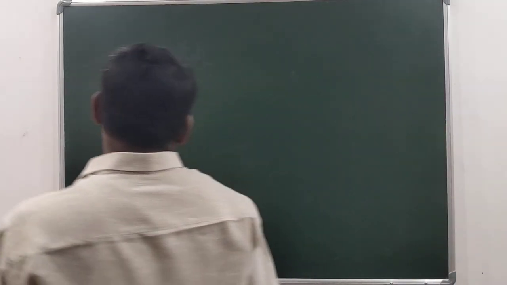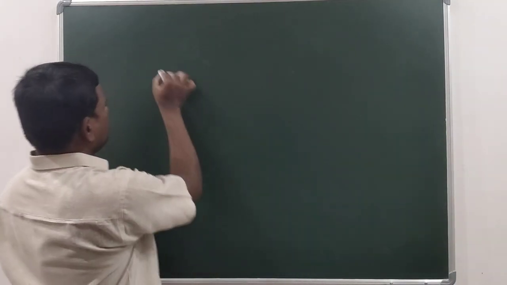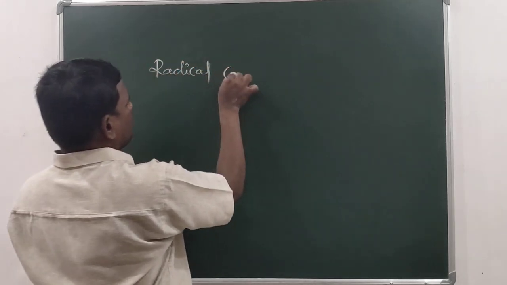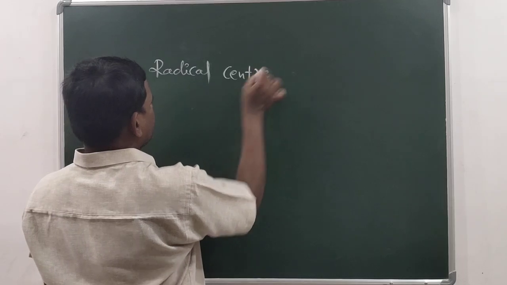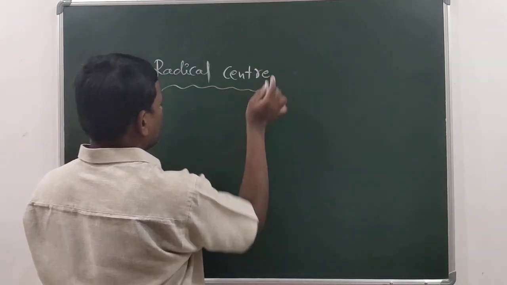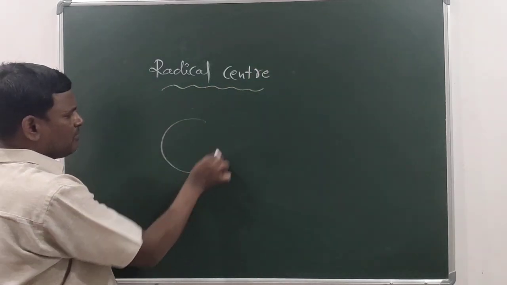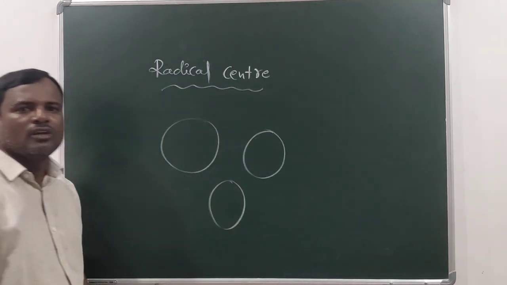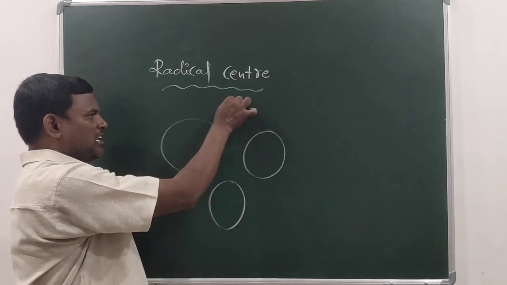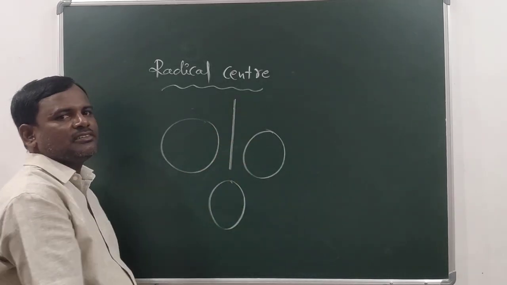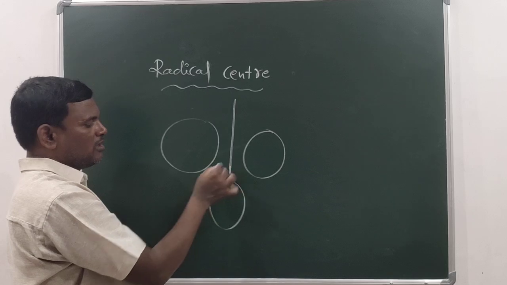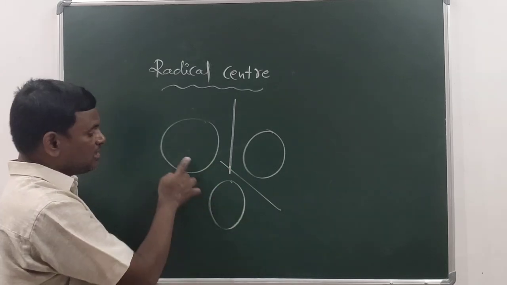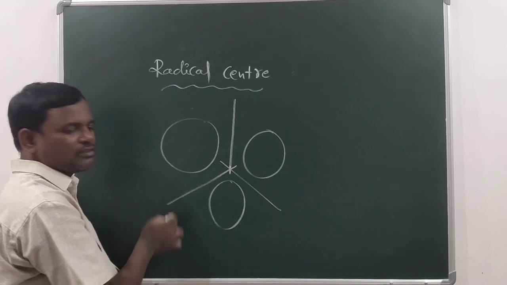See students, draw three non-intersecting circles. So this is the radical axis for these two circles. Now draw the radical axis of these two circles. Draw the radical axis of these two circles.